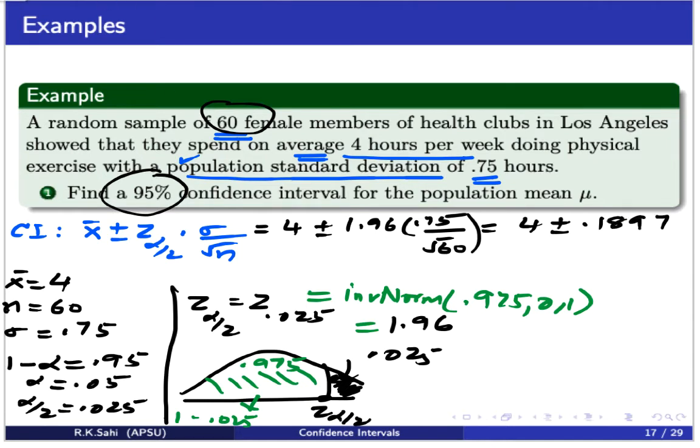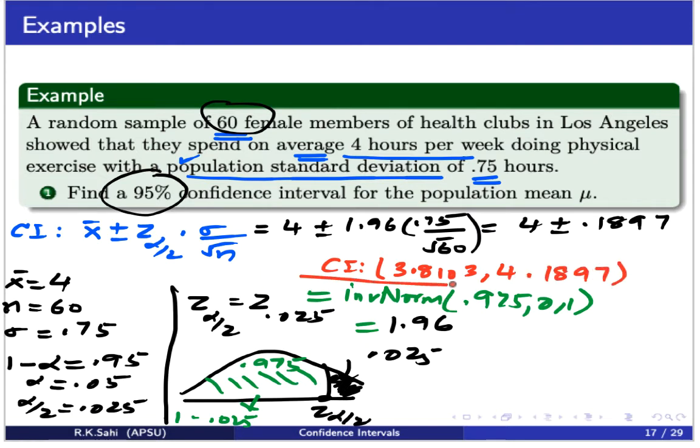So what is my confidence interval? 4 minus 0.1897, which is 3.8103. And when you add 0.1897 to 4, 4.1897.